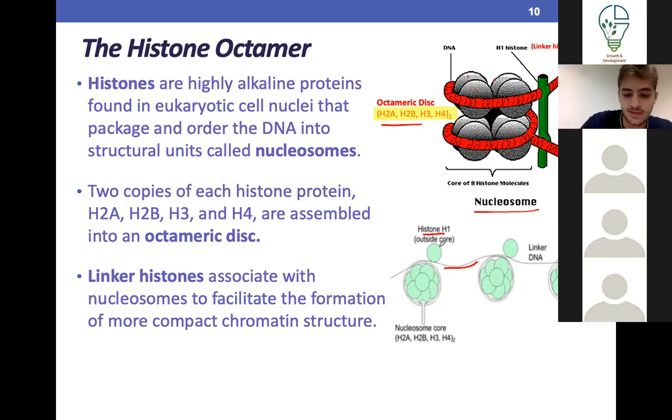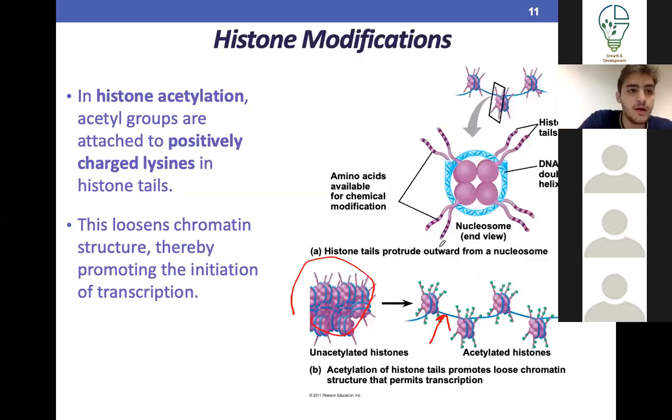So understand this. We've talked about DNA methylation and histone acetylation. So what do we actually want? We want to transcribe. So when we want to transcribe, we want to expose as much DNA as possible. And the way you do this is you acetylate.